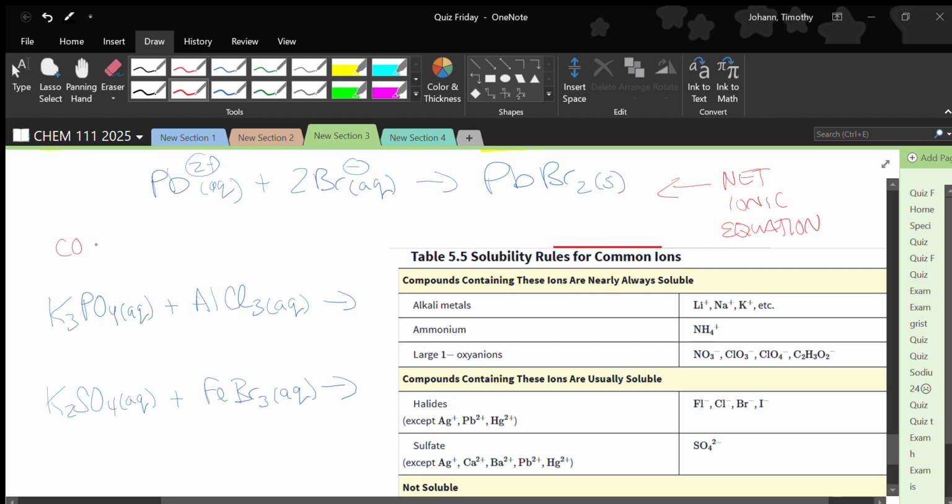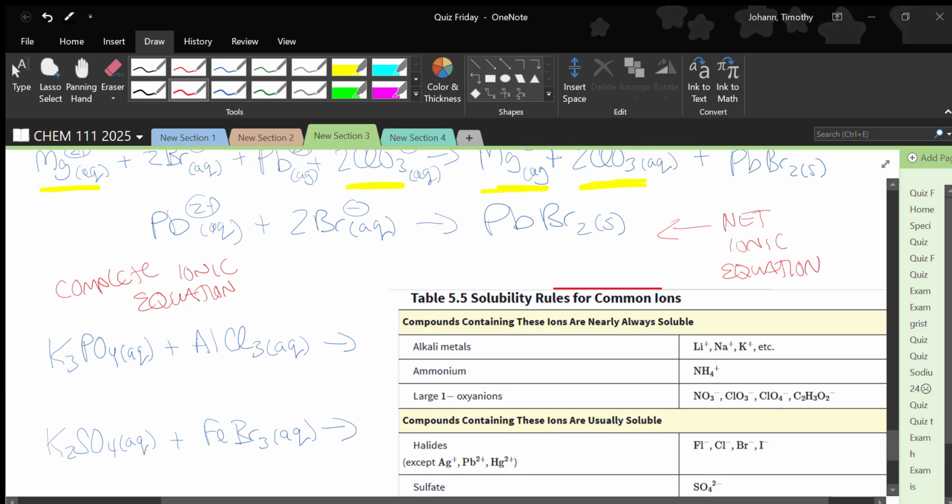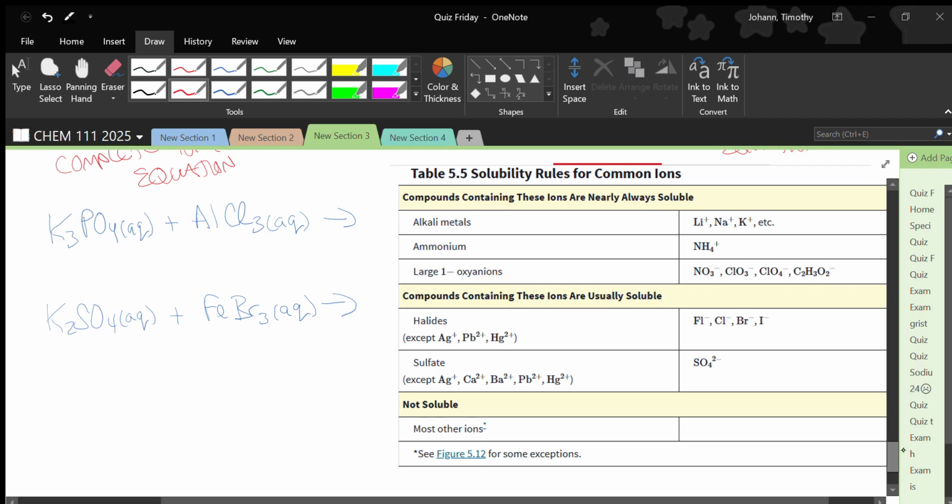And our complete ionic equation is the one above it. All right, so try that one while I hand stuff back.